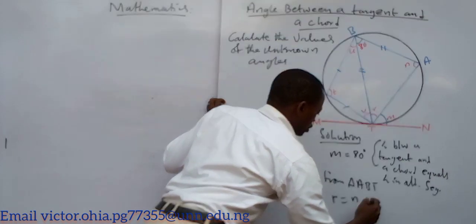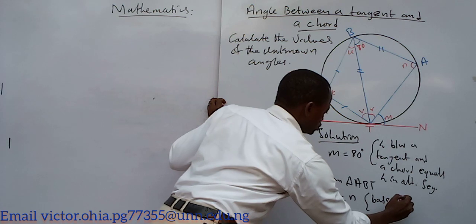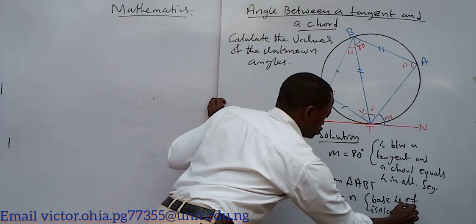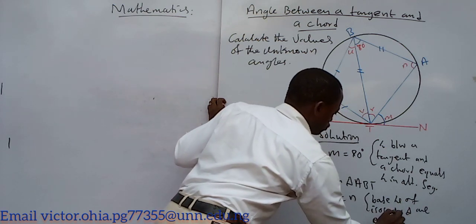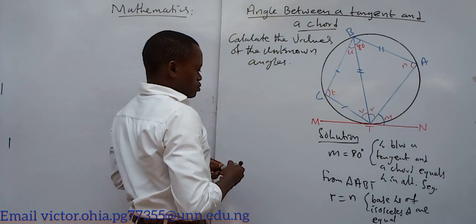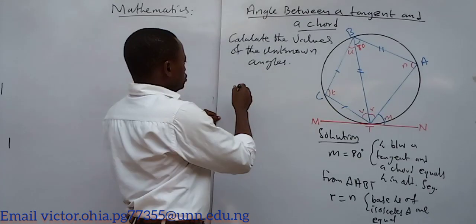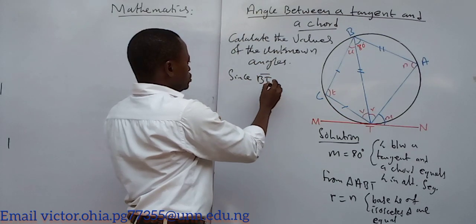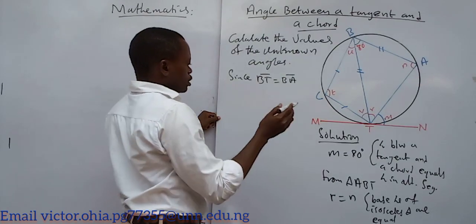So base angles of isosceles triangles are equal, since BT equals BA.